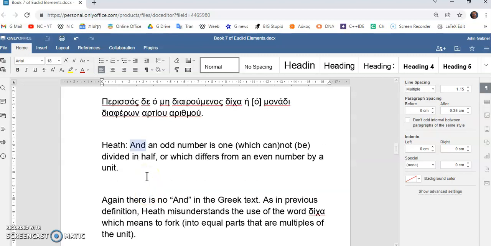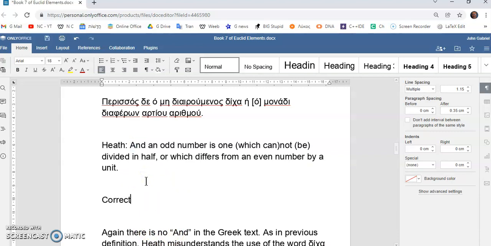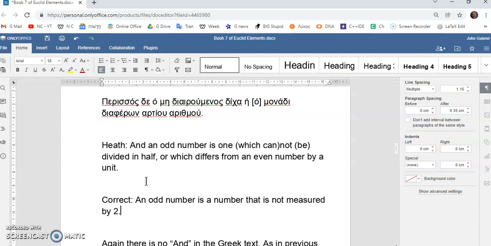So what is an odd number, basically? An odd number is one which is not divisible by 2, right? So we could say the correct definition here is an odd number is a number that is not measured by 2. There you go. As simple as that.